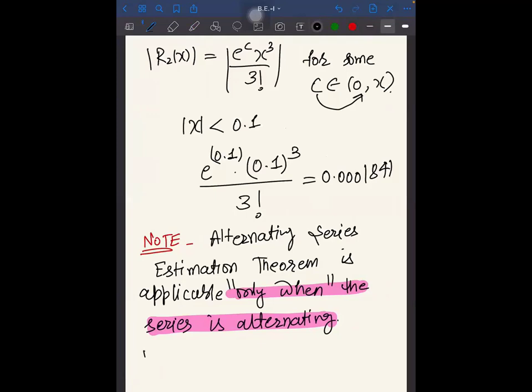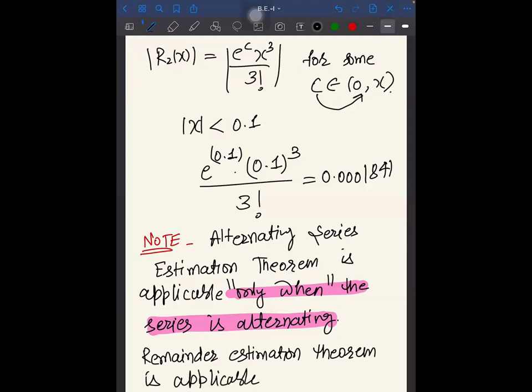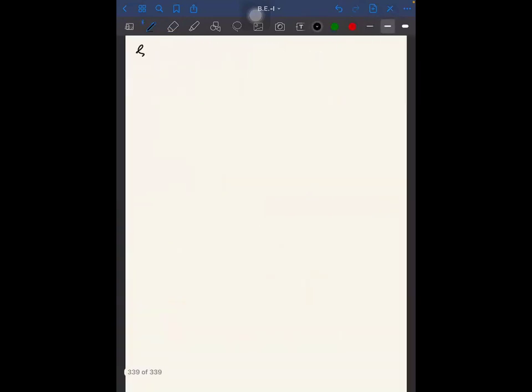The remainder estimation theorem, or I'll simply call it the remainder theorem, is applicable even in non-alternating series, even when the series is not alternating.